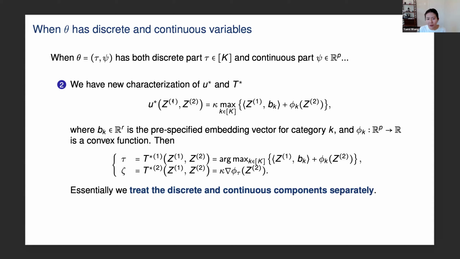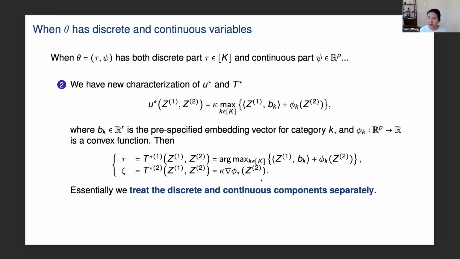So before, we partitioned the reference distribution into Z1 and Z2, and here we do the same thing for the transport map: we partition it into T1 and T2. T1 is essentially taking care of matching the discrete components given Z2, and T2 is taking care of matching the continuous component.